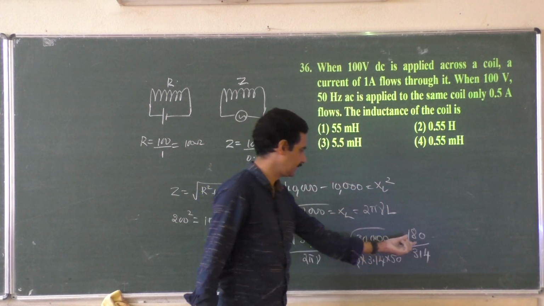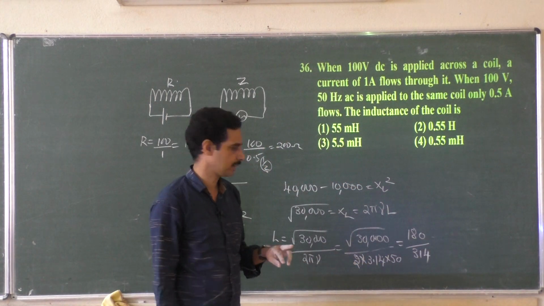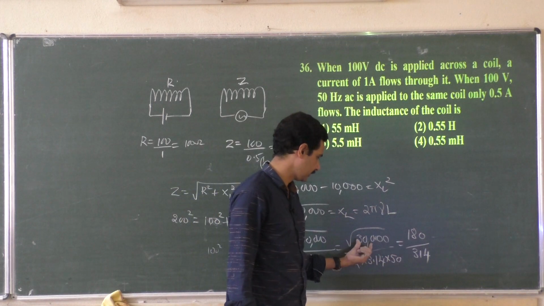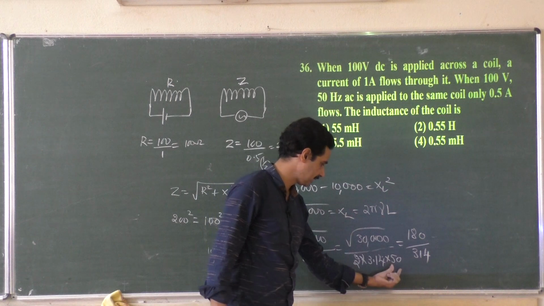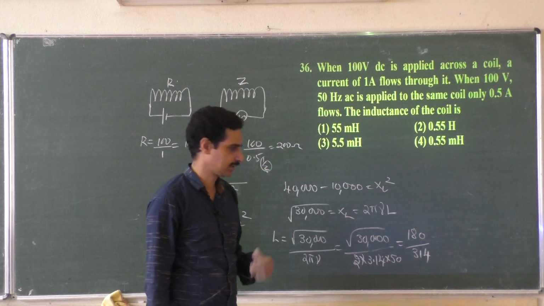It is less than 180, right? Because 17 square and 18 square, it should be somewhere between 170 and 180. So the denominator should be 314, because 2 into 50 is 100, and 100 into 3.14 is 314.